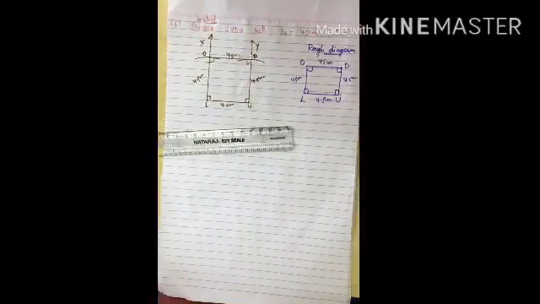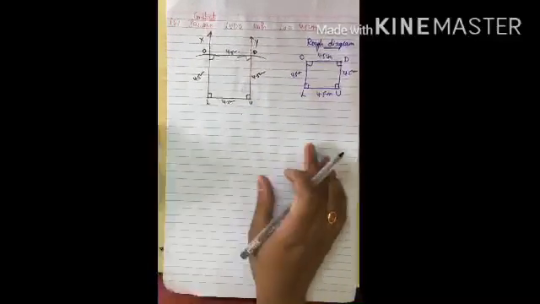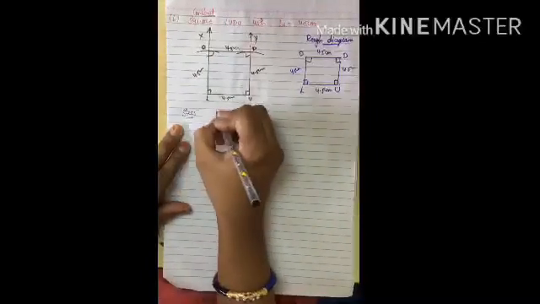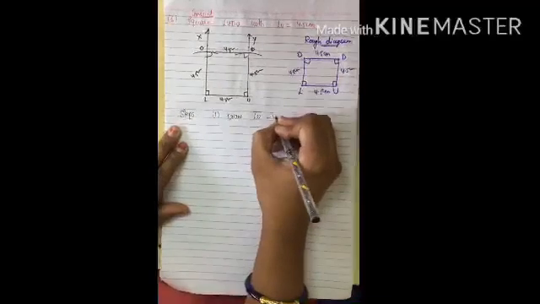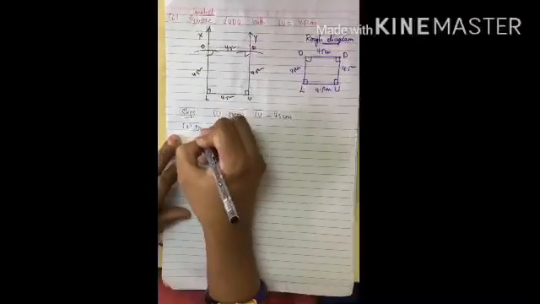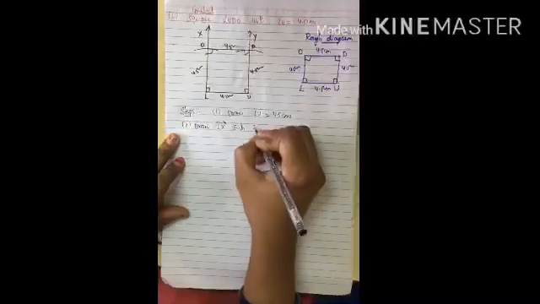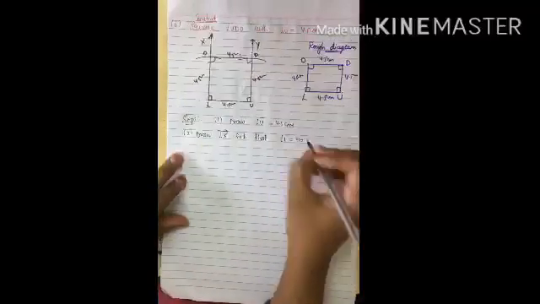Now coming to steps, children. First step. Draw LU line segment 4.5 centimeters. Next, draw ray LX, such that angle L equal to 90 degrees.